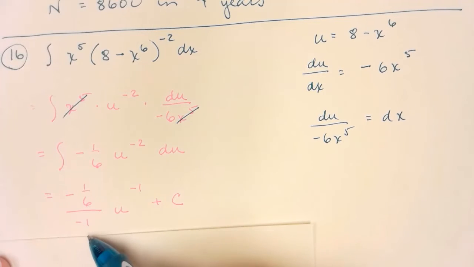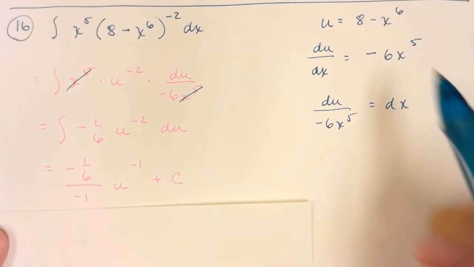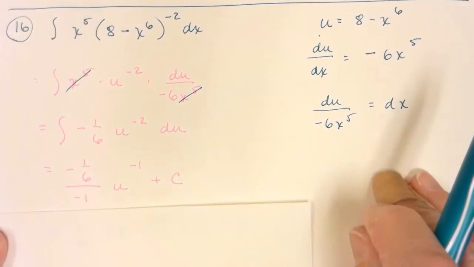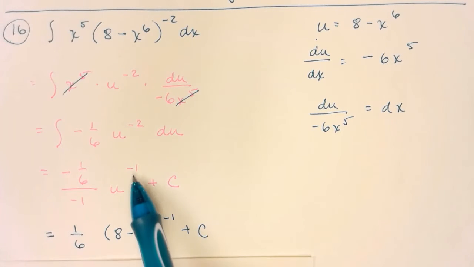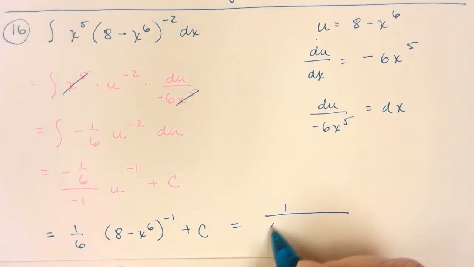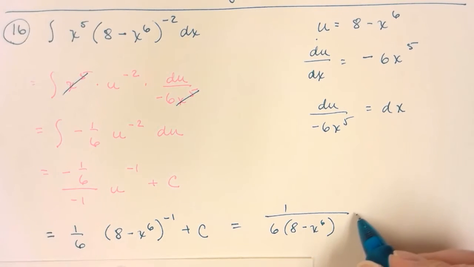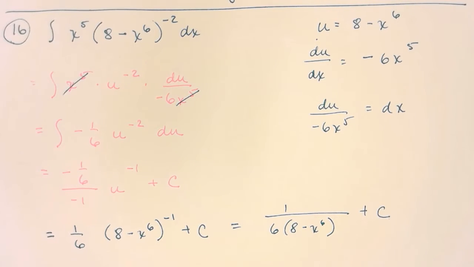This cleaned up would be a positive 1/6, and I'm ready now to finish up with the problem. Go back up and get what u is and substitute it in. So my 1/6, that raised to the negative 1 plus c. I would accept that, and this is the same thing. It's the exact same thing.